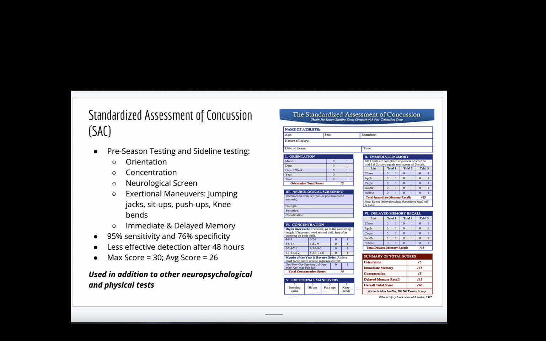You can set up overall scoring for them both preseason and then post-injury. It has really good use in the detection of a concussion. This is much more important to use in an acute concussion injury. It loses some of its value when we start thinking about post-concussion syndrome, 2, 3, 4 weeks down the road.